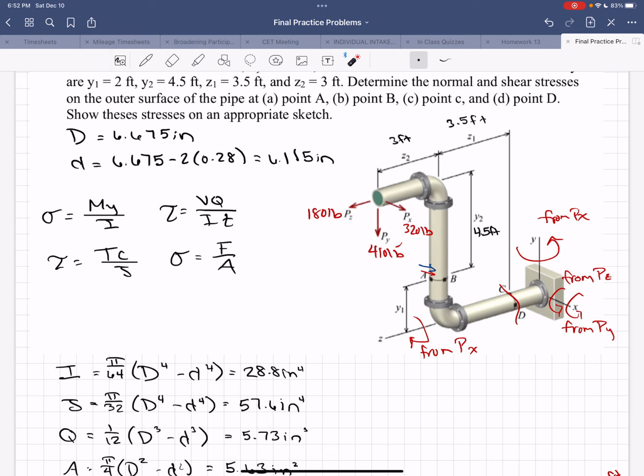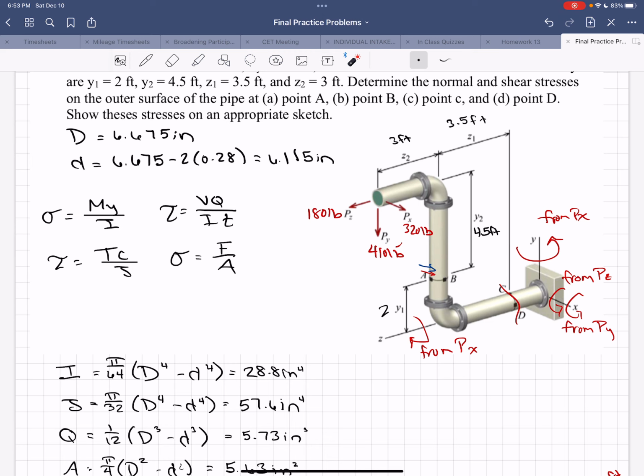So from PZ, we're going to have now Y1, that didn't get copied, is 2 feet. So now our distance, we have to go all the way. So our force stays the same, our direction of the moment stays the same, but when we calculate the moments, our distances might change. So now we have 6.5 feet.